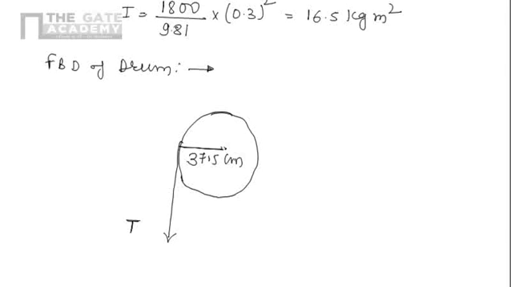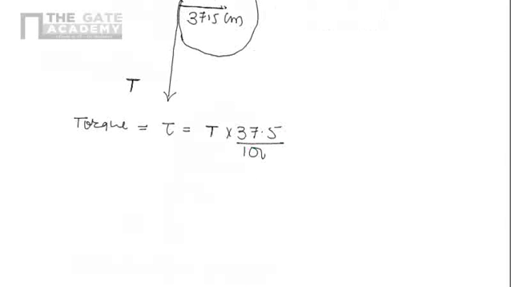Suppose the torque acting on it is tau, which will be T into 0.375, so tau, the torque acting on the drum, will be 0.375 T.